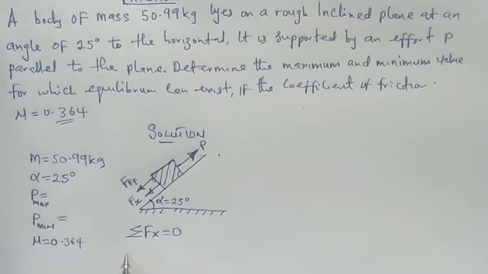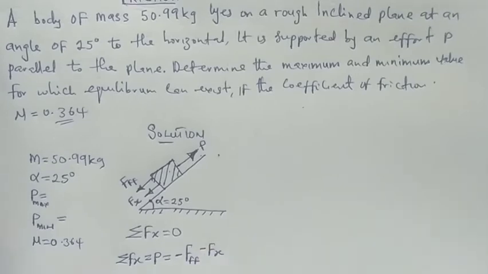So we're having summation of Fx, which is equal to P, minus the frictional force Ff, minus the force that tends to bring the object down. We'll call it the force of gravity bringing it down. Now, from here, we will say that this is equal to 0.